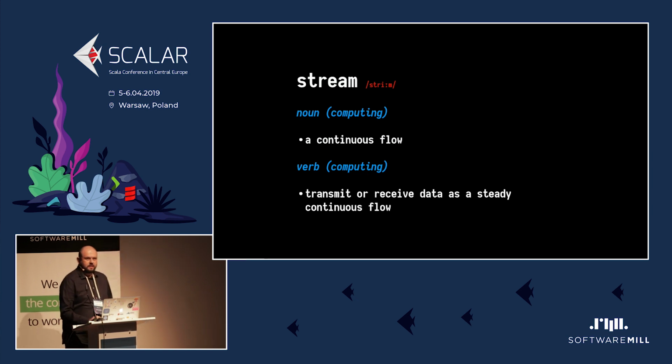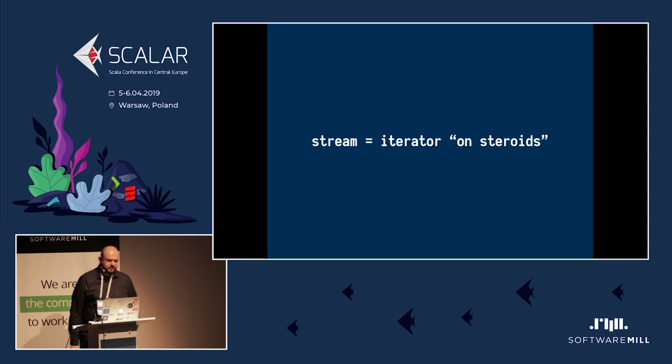One of the other guys, whose beautiful presentation I saw, the former CTO of the Akka project, Dr. Roland Kuhn, describes a stream as an ephemeral flow of data focused on describing transformation, possibly unbound. I have a much simpler definition: a stream for me is an iterator on steroids.